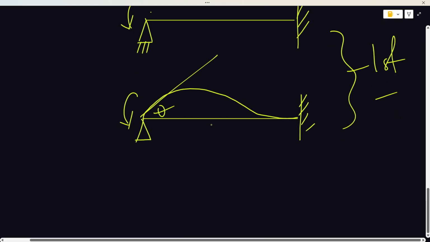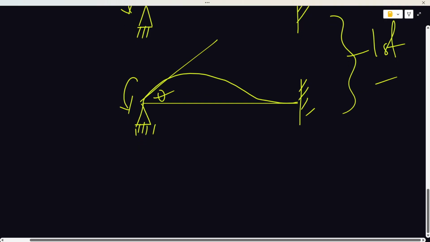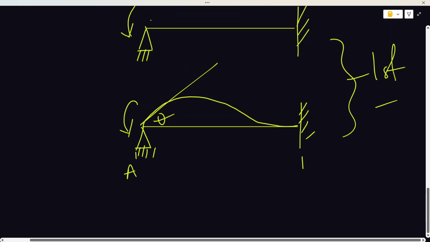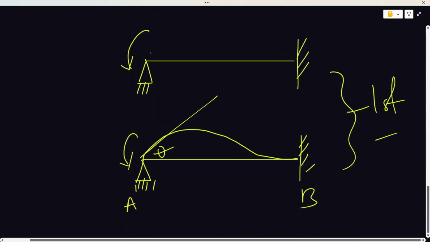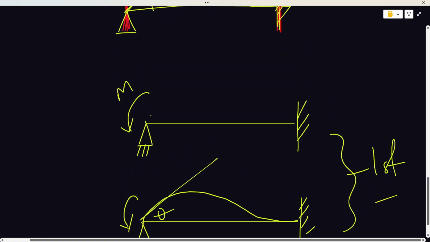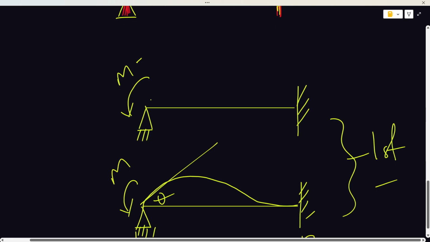Now, let's invoke the slope deflection equation. Remember, if this was A and this was B, let's find the expression for the moment here. Of course, the moment here would be equivalent to the moment called MAB.